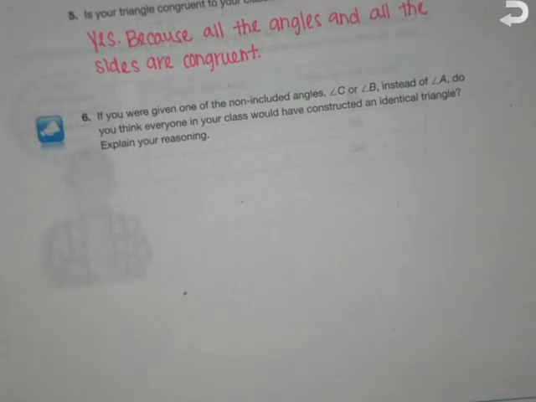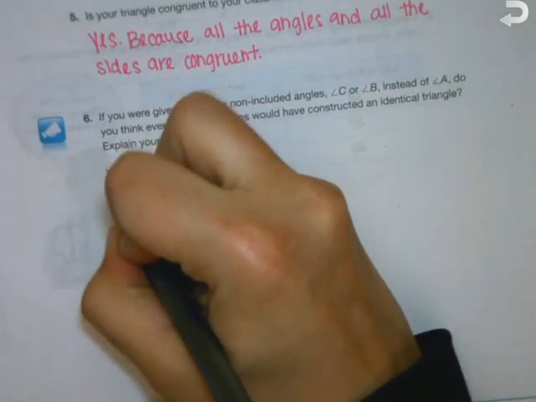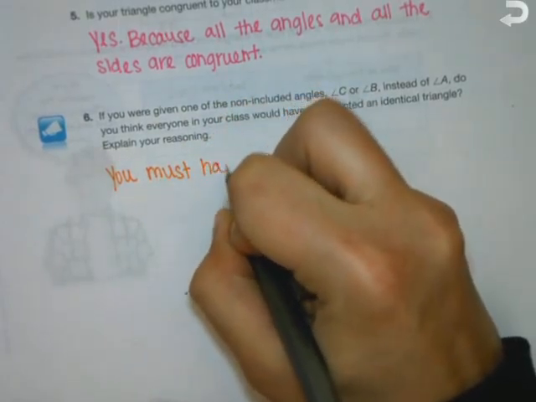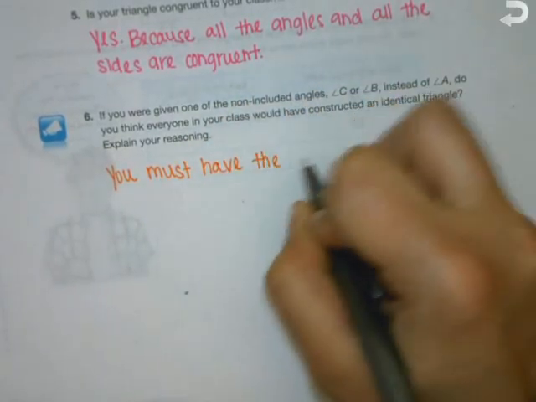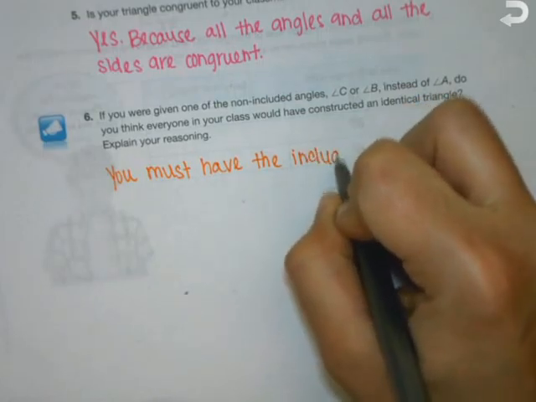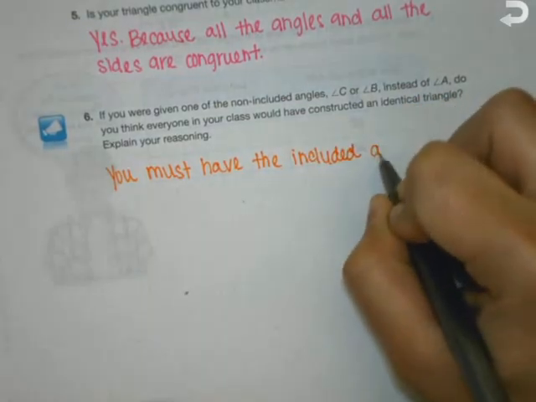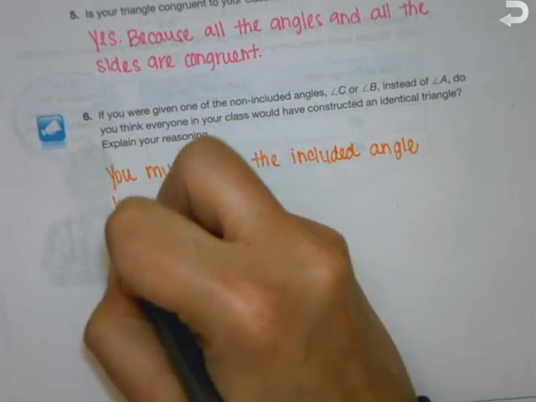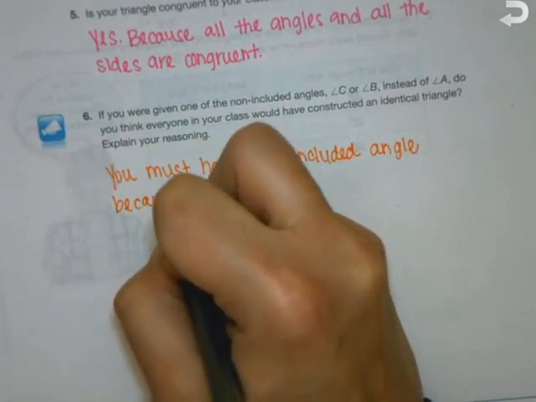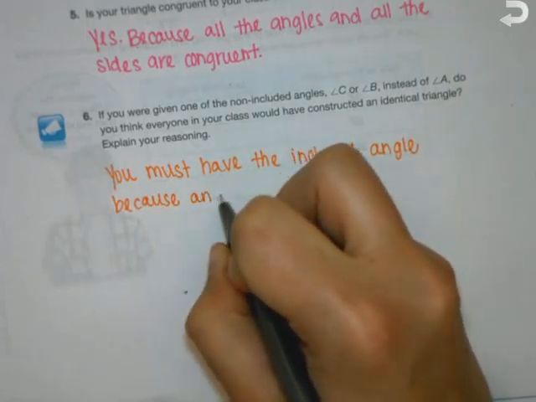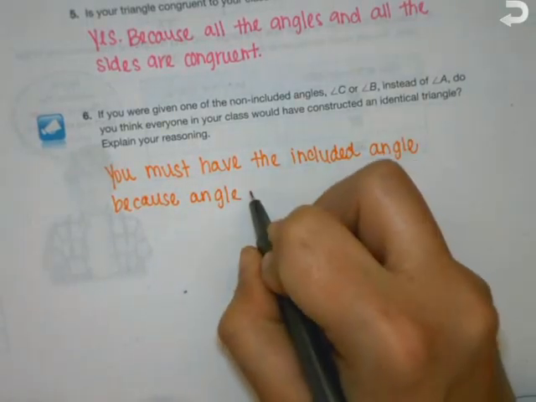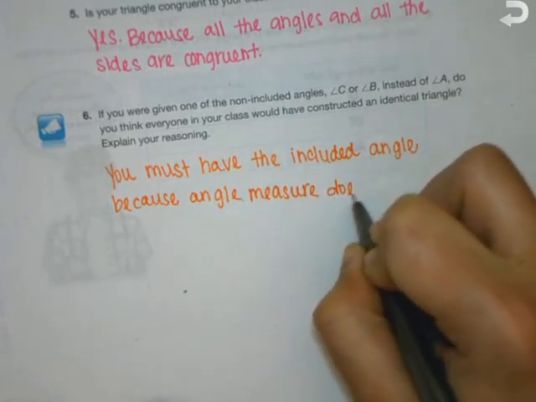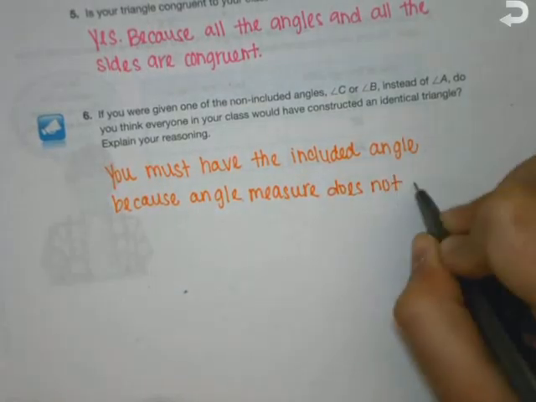So you must have the included angle because angle measure does not determine side length.